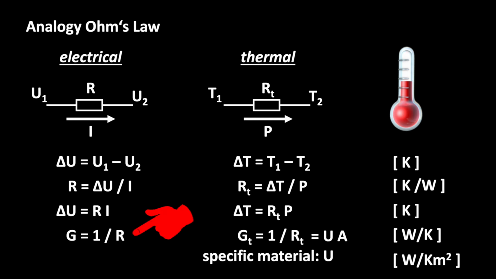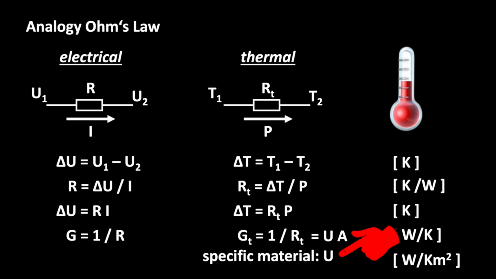Similar to electrical resistance, resistance can also be converted into a conductance G, which is simply the reciprocal of the resistance. We can do that with a thermal resistance as well. Then we get the thermal conductivity GT.